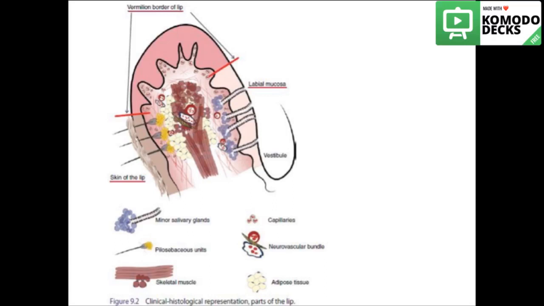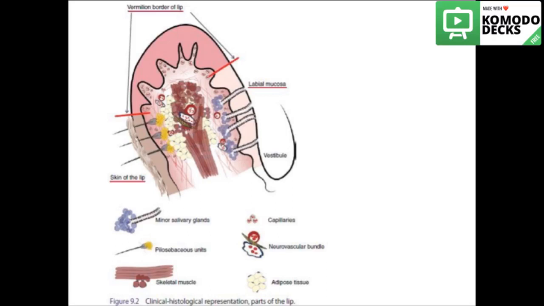Another representation of the skin of the lip, having skin appendages like hair follicles, sebaceous glands, and minor sweat glands. Also the vermilion border, which has no glands but is a keratinized epithelium.